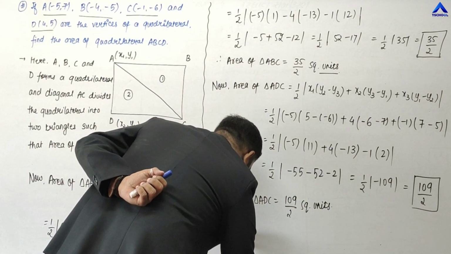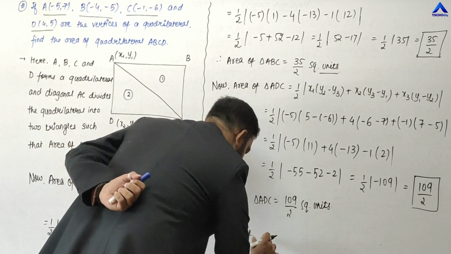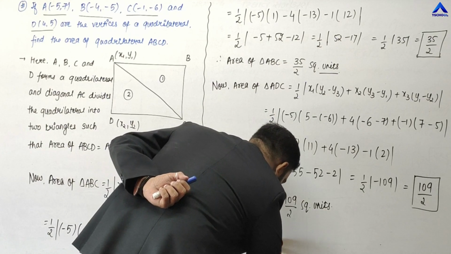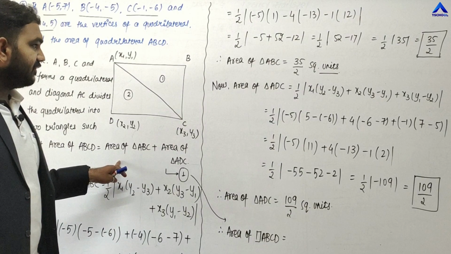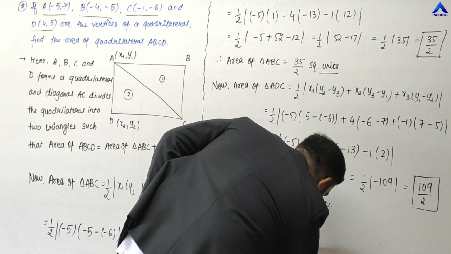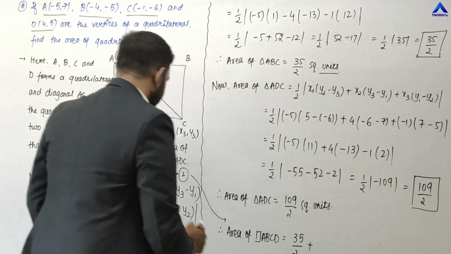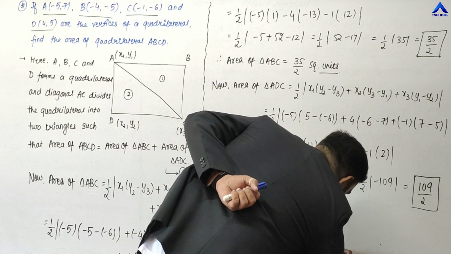Therefore area of quadrilateral ABCD equals to, what is area of triangle ABC? 35 by 2. So that is 35 by 2 plus, what is area of triangle ADC? That is 109 by 2.